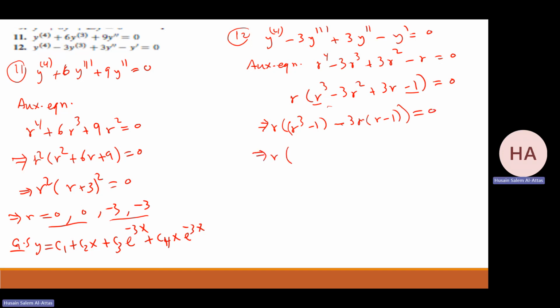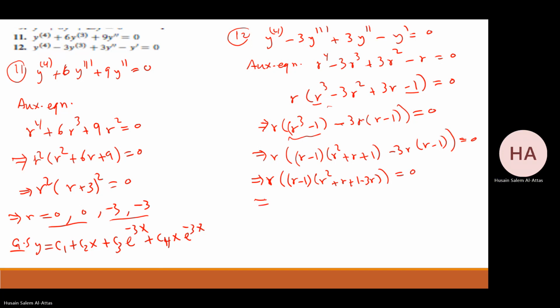This one is a difference of two cubes: r minus 1, r squared plus r plus 1, minus 3r, r minus 1 equals 0. I can take r minus 1 as a common factor. Let me do it in steps.